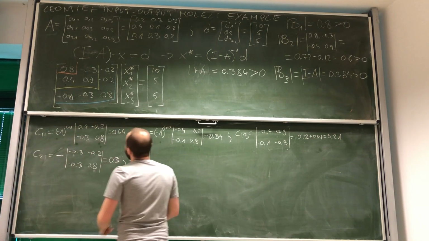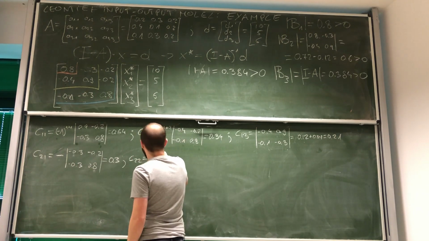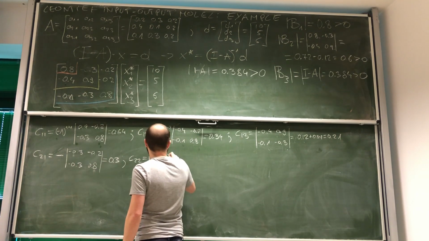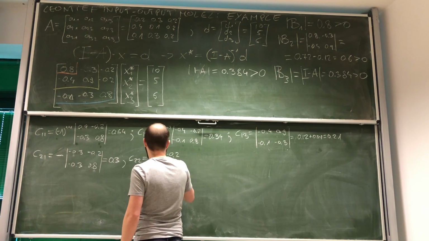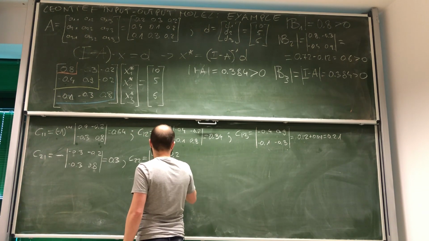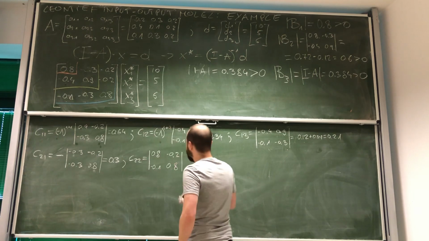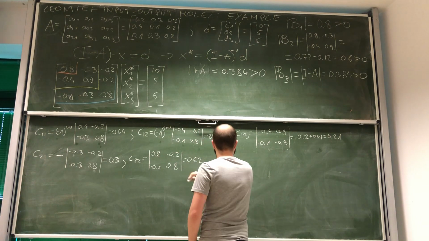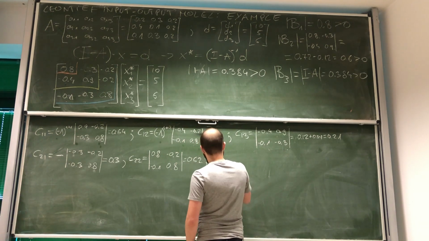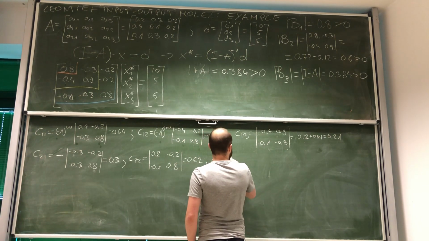So this one we're going to start with plus, and we've got here 0.8, negative 0.2, negative 0.1, and 0.8, which gives us 0.62. Okay, then we move to C23.